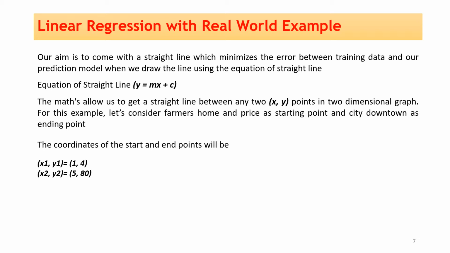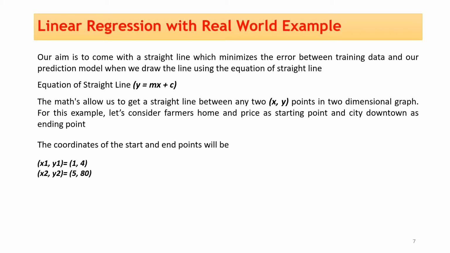Now here x1 equals 1 indicates the farmer, and y1 indicates the price of that agricultural product sold from the farmer. And similarly x2 indicates the agricultural product was sold from the city downtown, and y2, which is equal to 80, indicates the price at which the agricultural product was sold from city downtown.